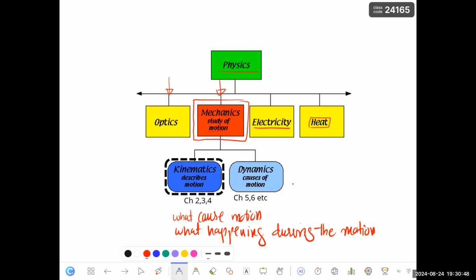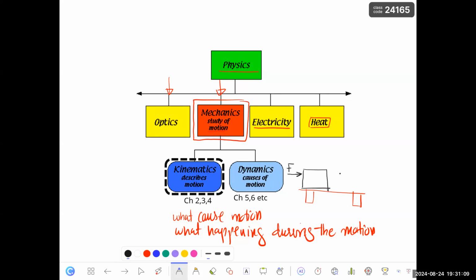For example, I have a table and I'm putting an object on the table. I'm pushing this object at one end, applying a force.